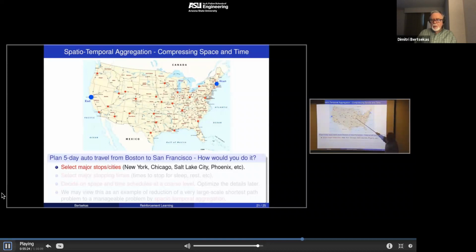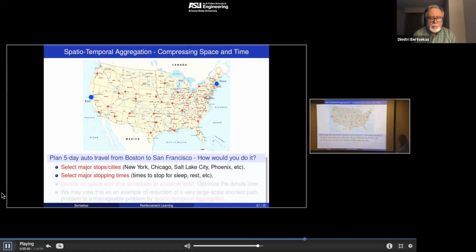These are the red states here, which we view as representative states. But there's also a time element to this, right? Because you can't go from Boston to Washington, D.C. in one step. It involves several steps and several choices of routes going through here.